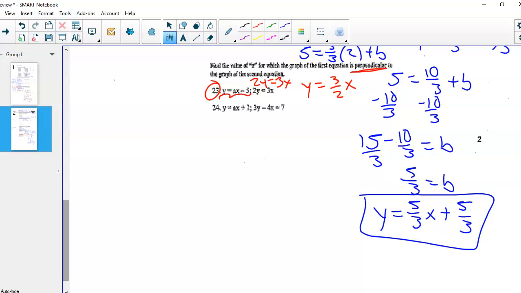Negative 2/3. Really, it's asking you to find your new slope. For that type of problem.